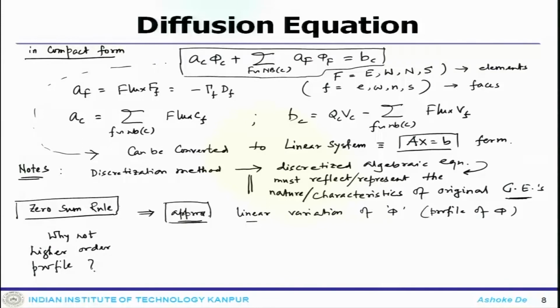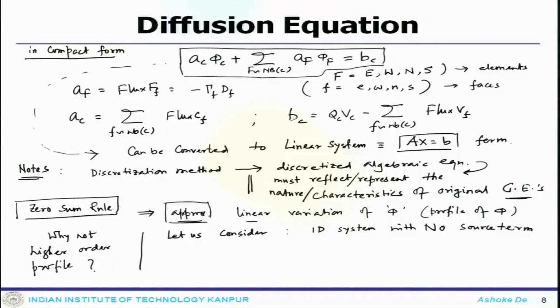Instead, if we assume a higher order variation, how would that affect things? Now, to answer that, let us consider a 1D system with no source term.